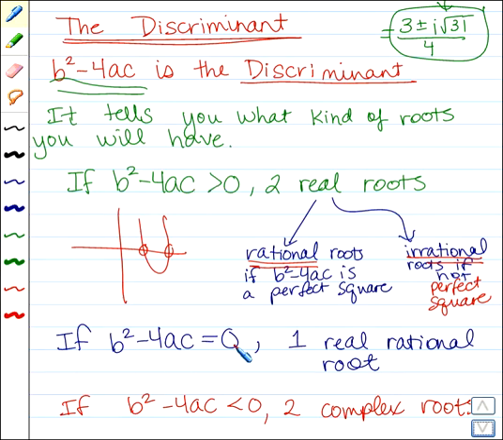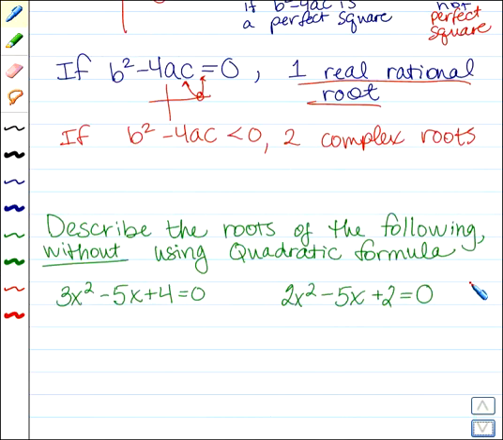If the discriminant equals 0, there's one real rational root. And what that means graphically is that the graph comes down, touches the x-axis, and comes back up. It doesn't actually cross. Okay, that's called a double root, or in this case, when it equals 0, it's one real rational root. Okay, and the last combination you could have is if the discriminant is negative.